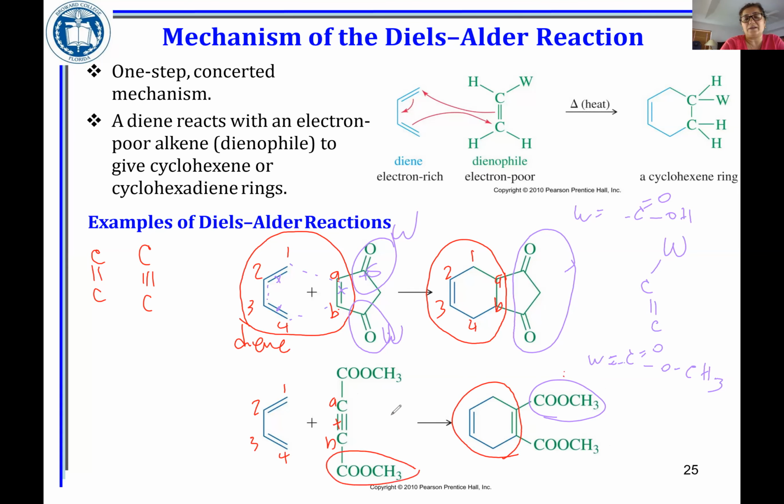Anything attached to the dienophile or the diene is going to stay. So if you already have one cyclic system, it would be bicyclo. If you have an extra pi bond on the dienophile, it's going to also stay. Let me know if you have any questions about these two.